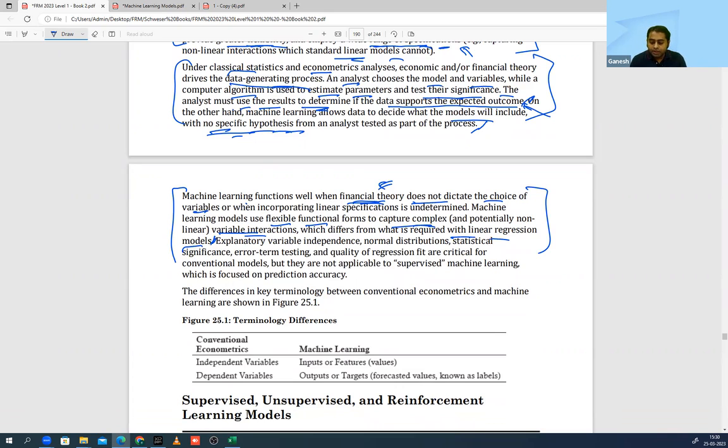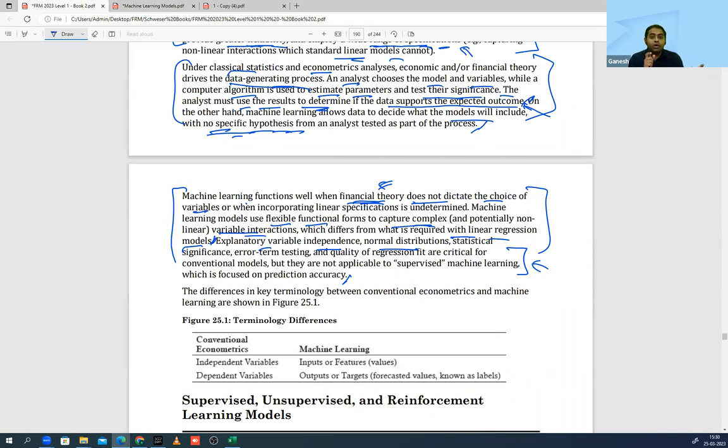Okay, over here in the last part, they have last 3-4 lines. They have just talked about explanatory variables, independence, normal distribution. ये सब चलता है conventional model के लिए. Means when you run a conventional, traditional model, in a lot of models you need to have an understanding whether the model is based on normal distribution, whether the model is based on log normal. If you have assumed normal and the data is different, it will create an error, right?